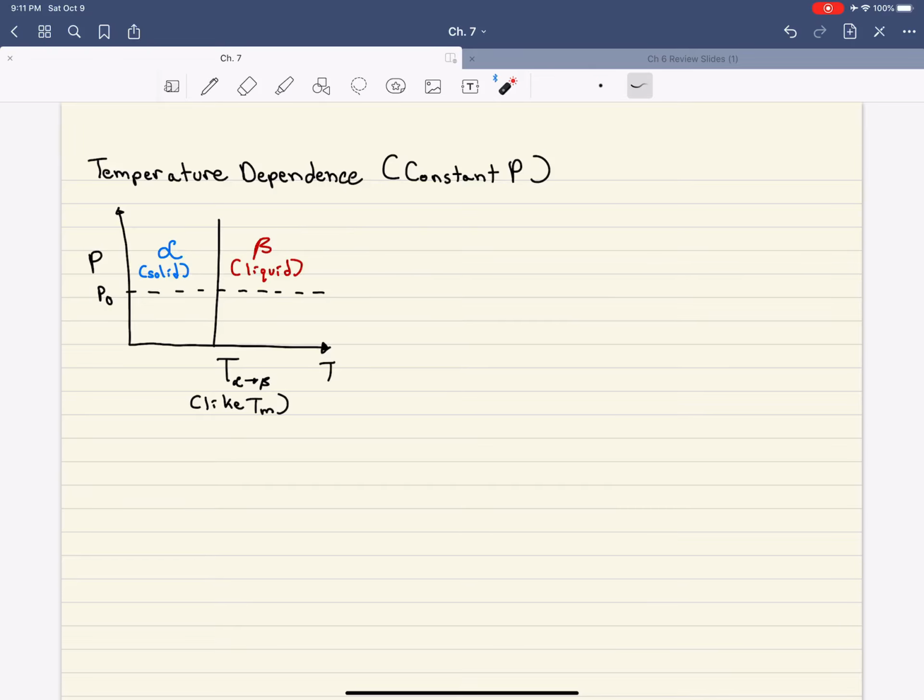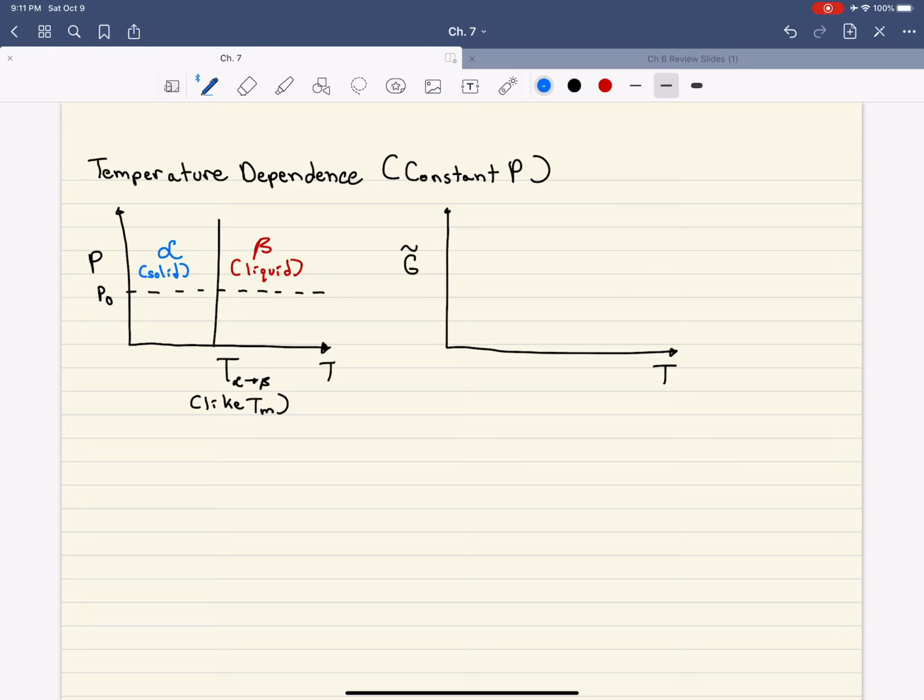This is what it would look like on a pressure versus temperature diagram. But what we're ultimately interested in is how the molar Gibbs energy changes as a function of temperature. Okay? And so if we plotted molar Gibbs energy versus temperature, we would ideally want to calculate the molar Gibbs energy of each of the phases.